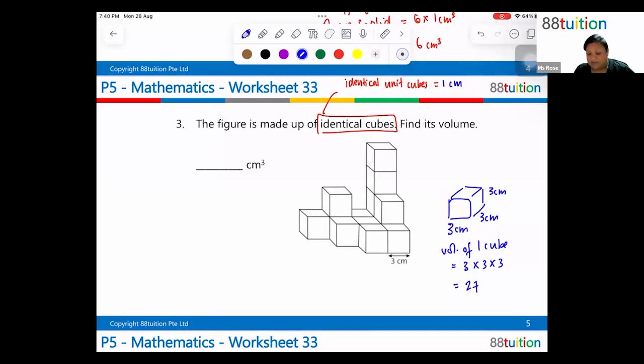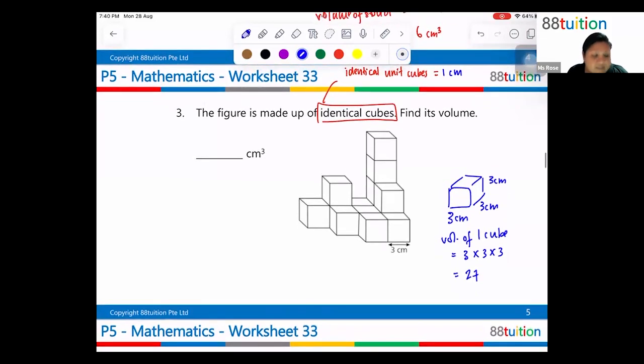Yes, that's right. Okay, thank you. So now you need to find out what's the total number of cubes here? Anyone? Did you count? Because in the submission of answers for question number 3, only one person got it right.